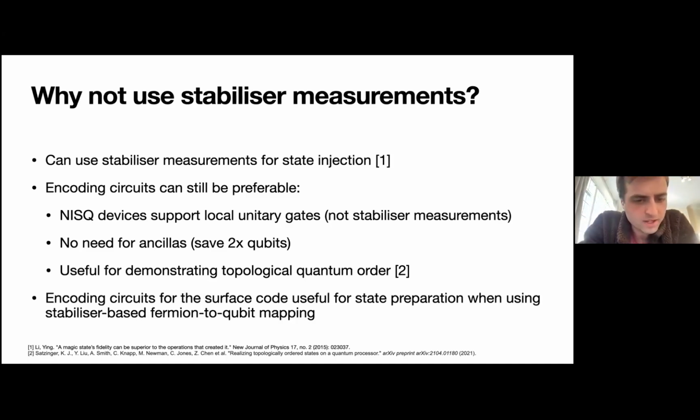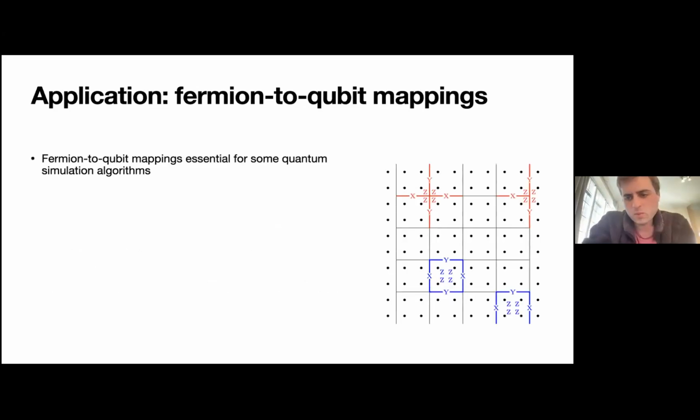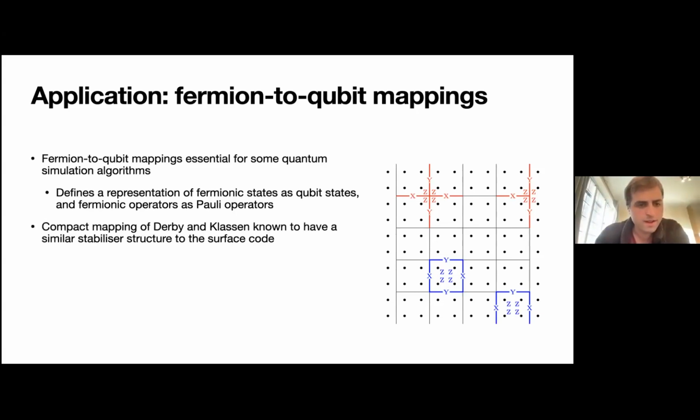Furthermore, encoding circuits for the surface code can actually be useful for state preparation for stabilizer-based fermion mappings. In particular, the one example that we look at is the compact mapping. Fermion to qubit mappings are essential for some quantum simulation algorithms. They define a representation of fermionic states as qubit states, fermionic operators as Pauli operators. The compact mapping of Derby and Klassen has particularly good parameters, and it's already known to have a similar stabilizer structure to the surface code.